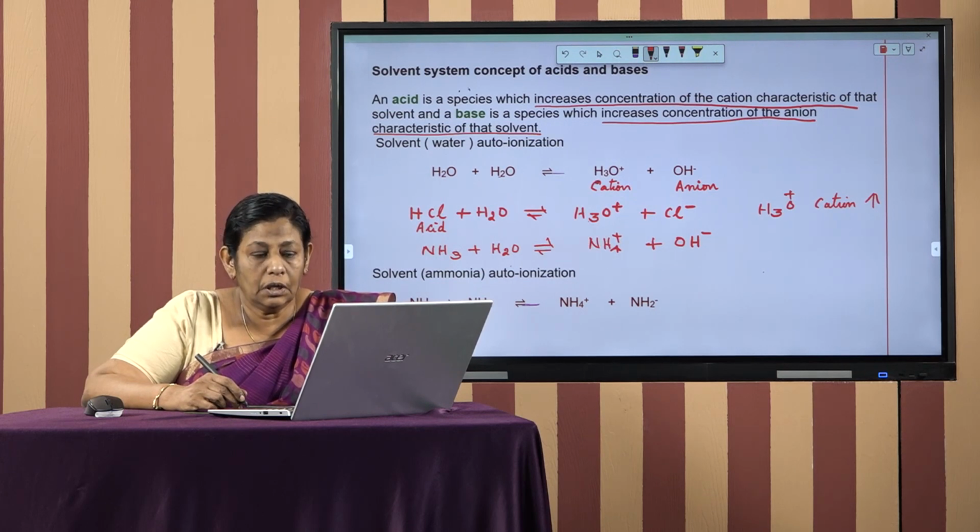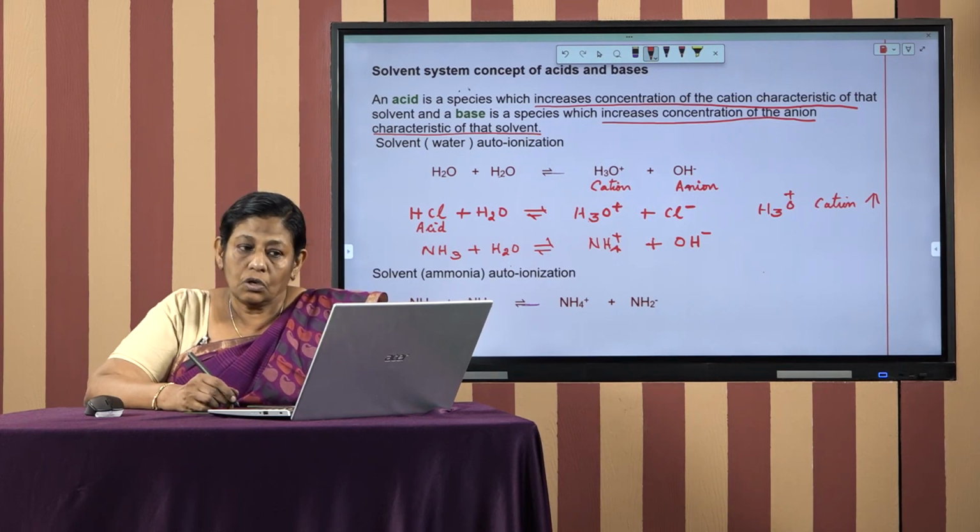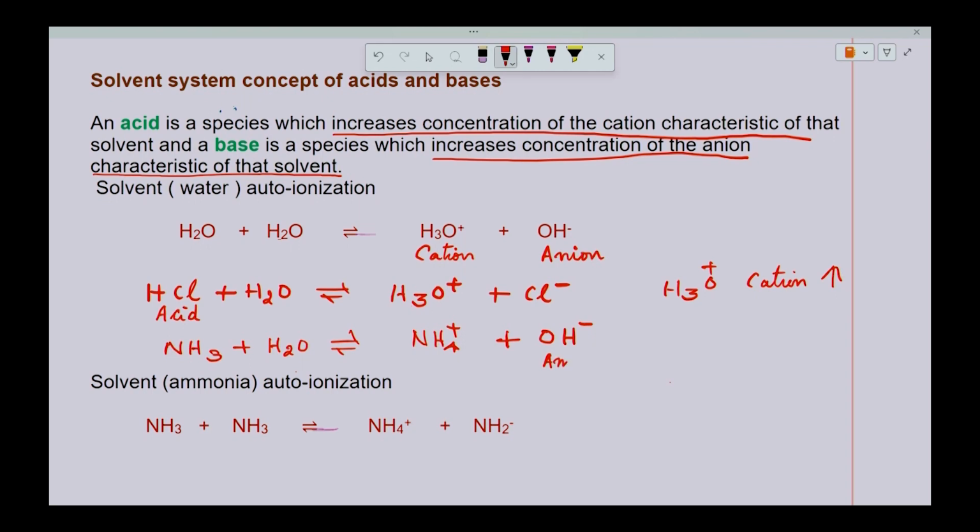NH4 plus is not a solvent cation, but OH minus is characteristic of the solvent, and this is the anion whose concentration is increasing. Therefore, an increase in the concentration of OH minus, that is, an increase in the concentration of the anion. When the concentration of anion is increasing, we call that substance a base.